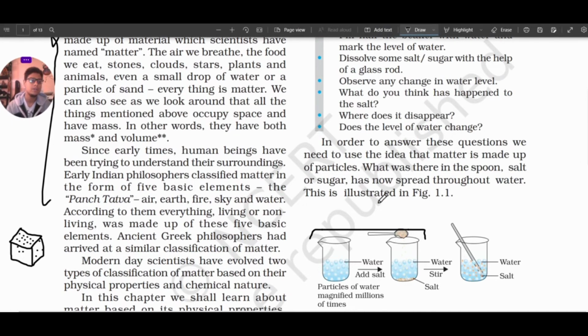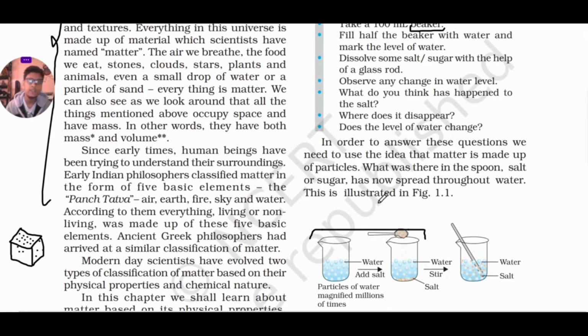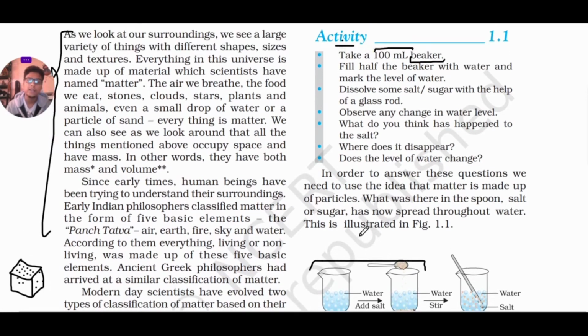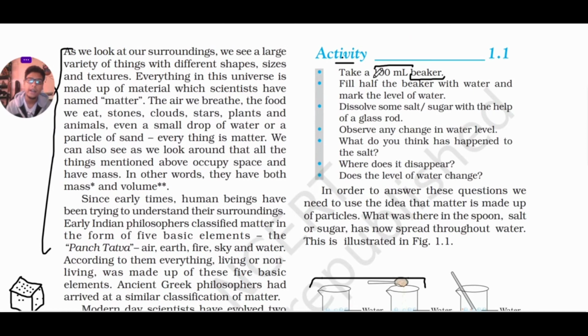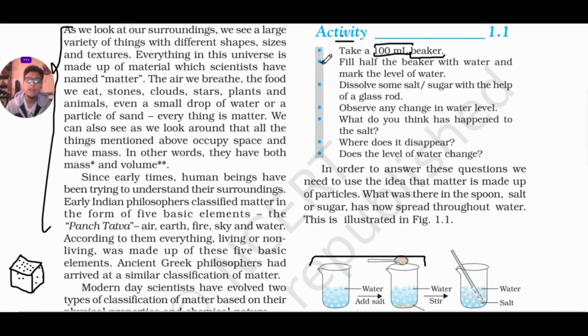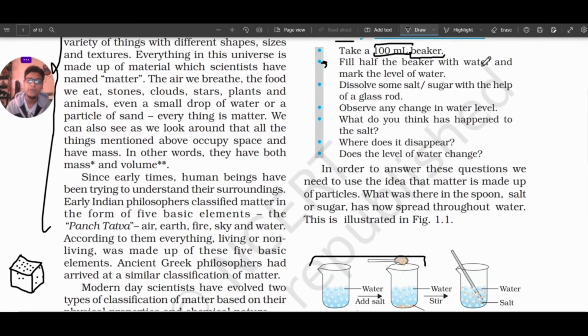So a beaker is also a vessel, a cylindrical vessel. It also has some capacity, which is known as its volume. So this beaker has a capacity of 100 ml volume. It can contain 100 ml of water. The next point is to fill half the beaker with water and mark the level of water.